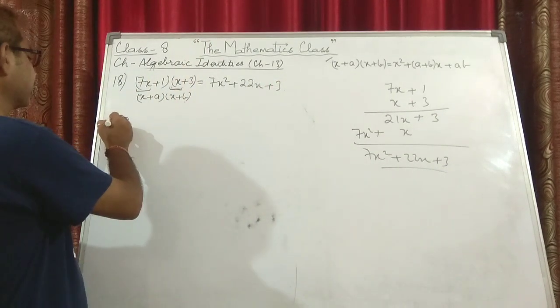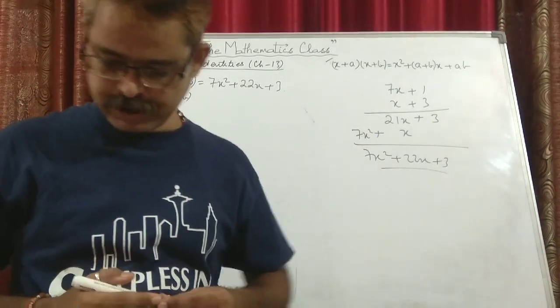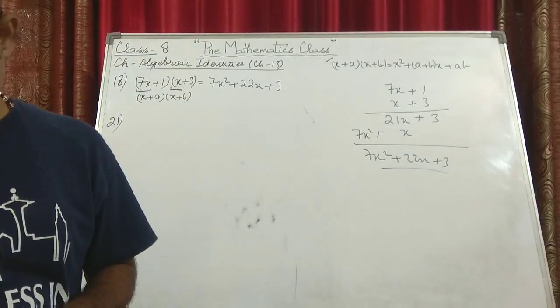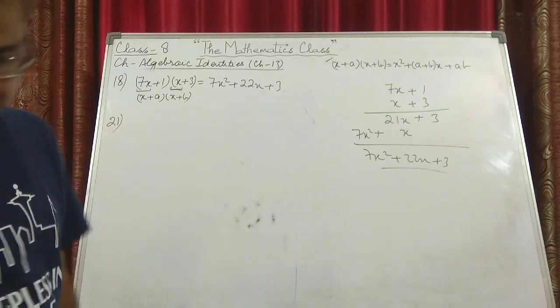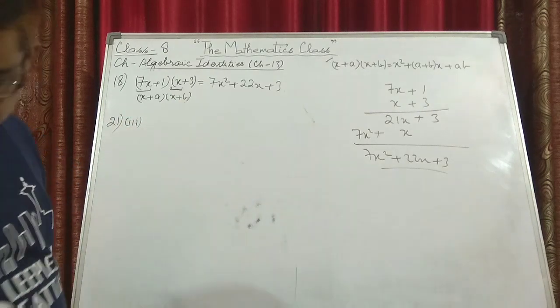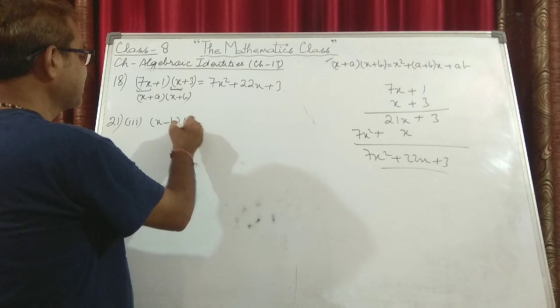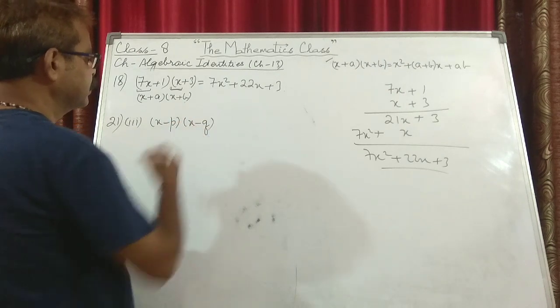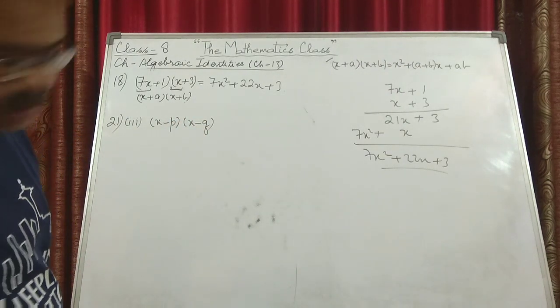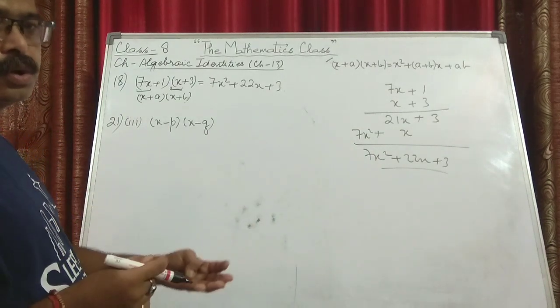Now we move on to question number 21, and they say find by inspection the coefficient of x. I am doing the third part and the sixth part. The third part is (x − p)(x − q). In this question you have to find the coefficient of x, meaning what is multiplied to x.